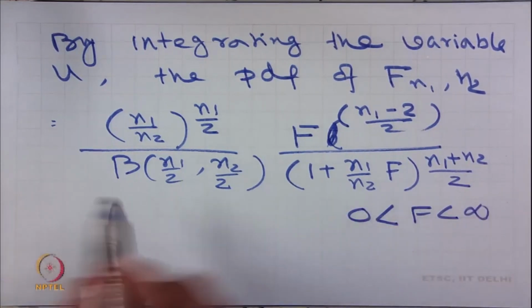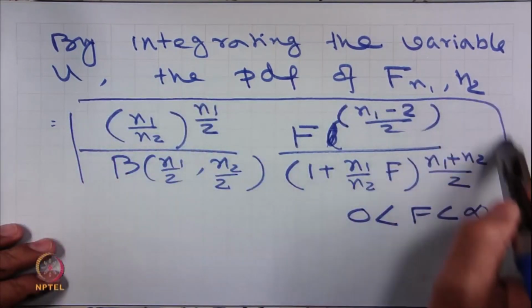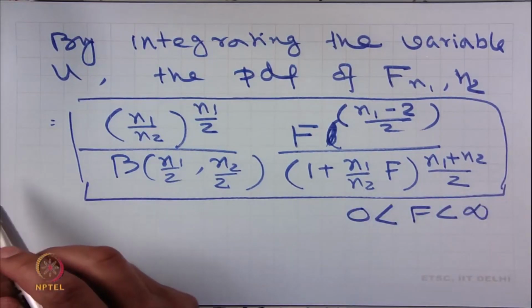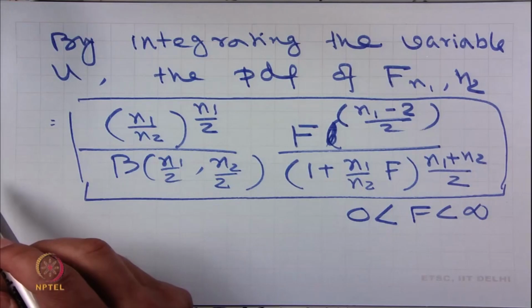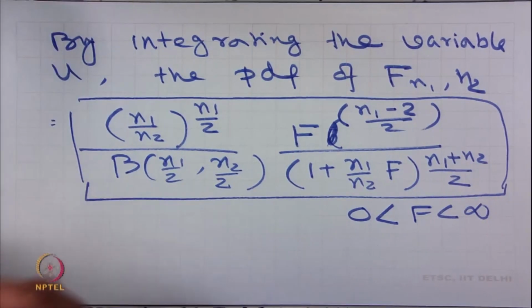So, this is a fairly complicated expression which gives the PDF of an F variate with parameters n1 and n2.